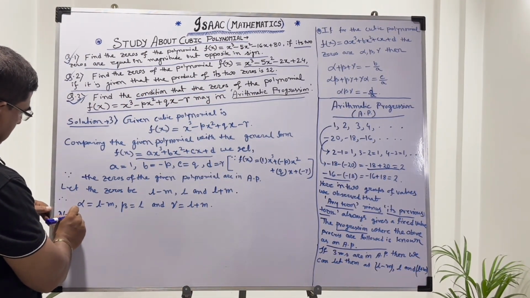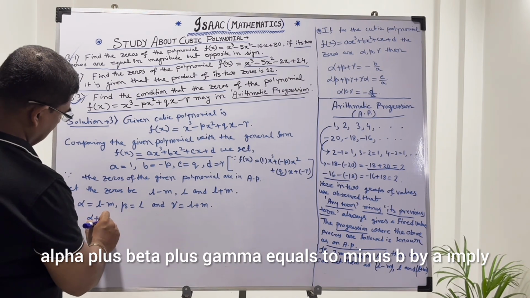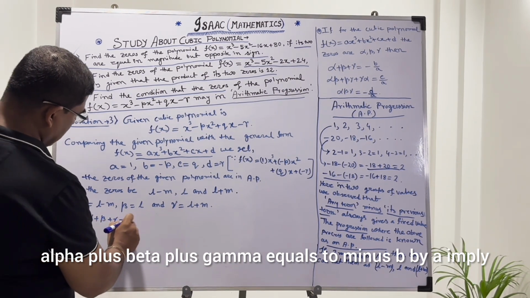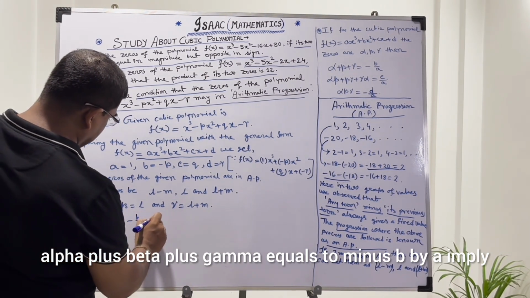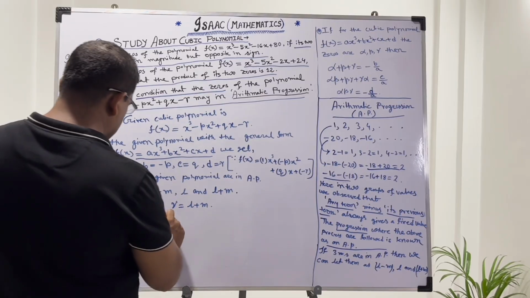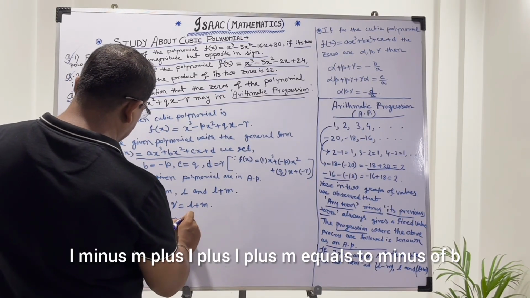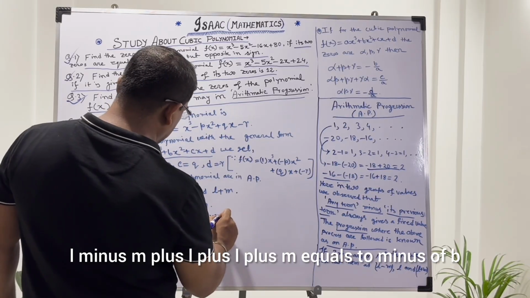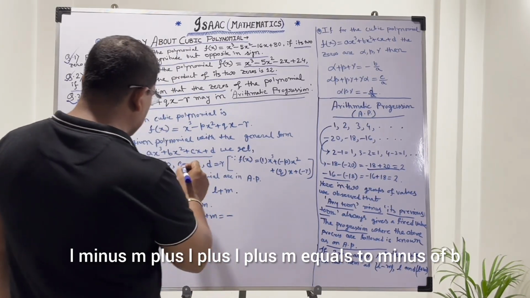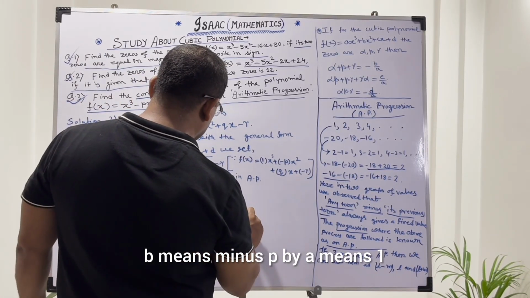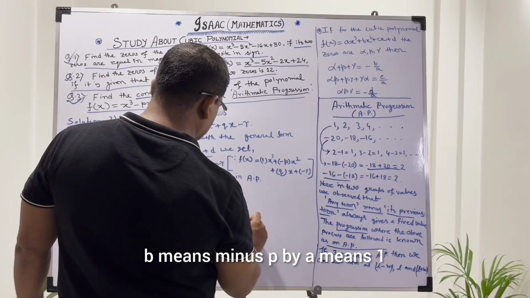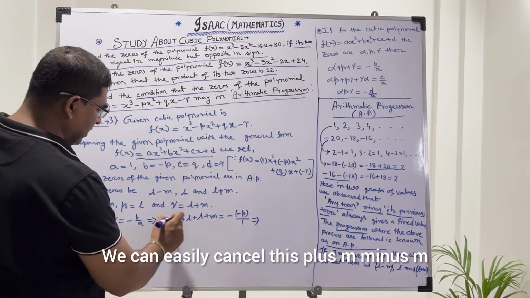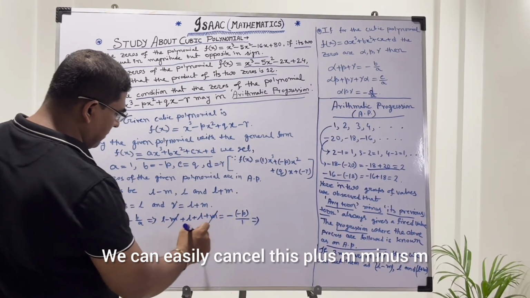Now alpha plus beta plus gamma equals minus b by a, which implies L minus m plus L plus L plus m equals minus of b by a, that is minus minus p by 1. We can cancel plus m and minus m.